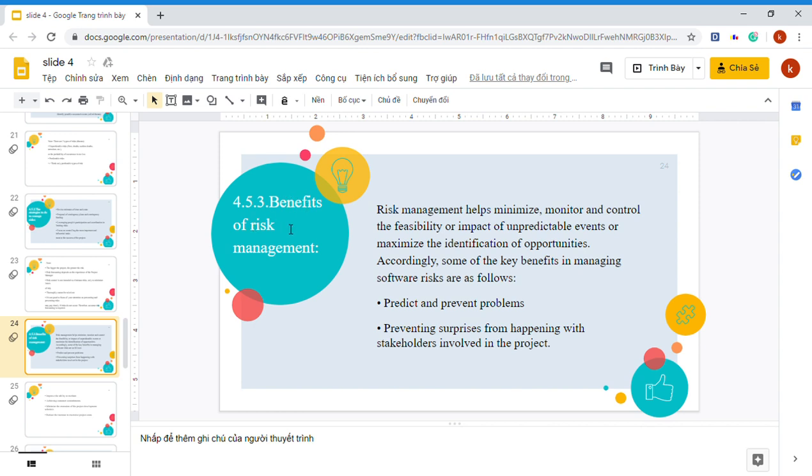Benefits of risk management. Risk management helps minimize, monitor, and control the probability or impact of unpredictable events, or maximize the identification of opportunities. It helps predict and prevent problems, preventing surprises from happening to stakeholders involved in the project.